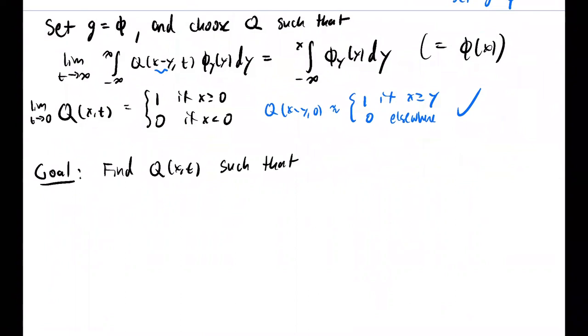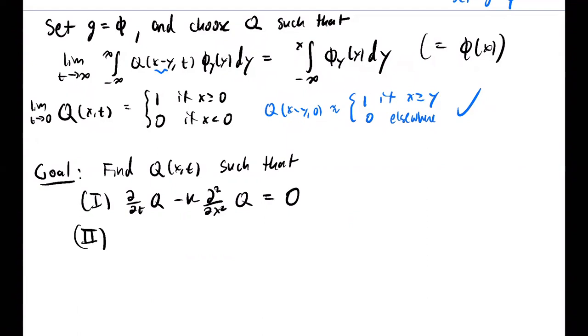So the first condition is just that it's a solution to the PDE, right? So if I take d dt of q minus k times the second order x derivative of q, this is equal to 0. And then the second condition is that if I take the limit as t goes to 0 of q of x, t, this is equal to what I have above.